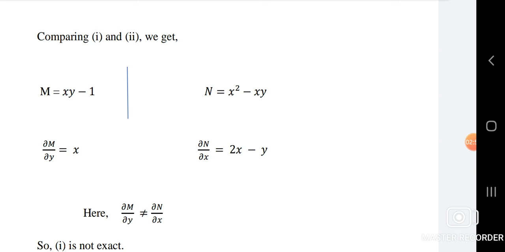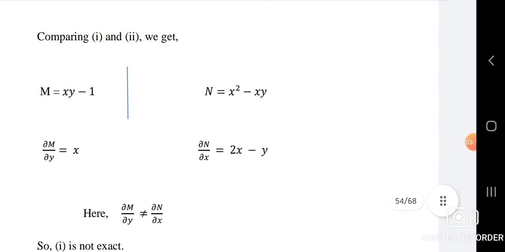Now differentiate M partially with respect to y, we will get x, because when you differentiate with respect to y, anything other than y becomes constant, so x stays x, y becomes 1 and 1 becomes 0.